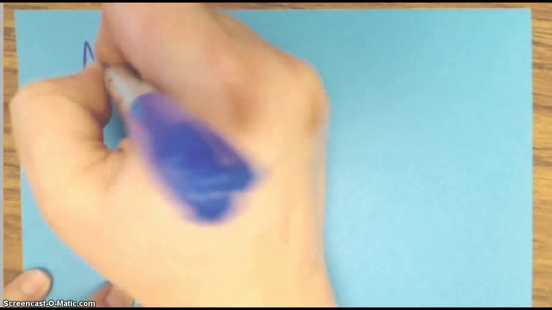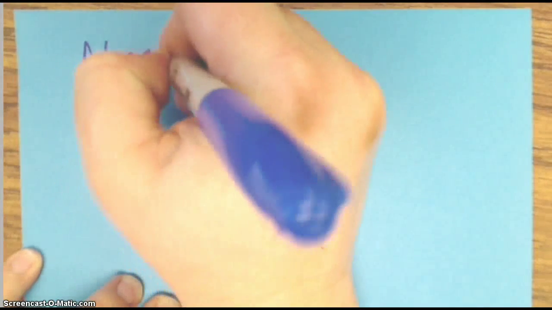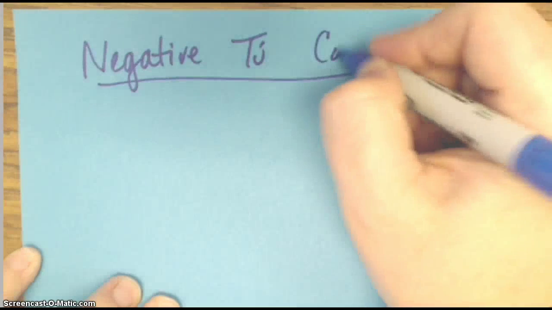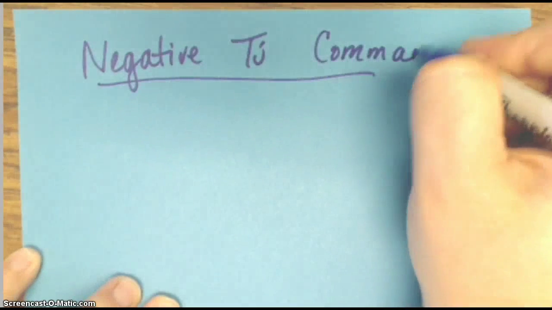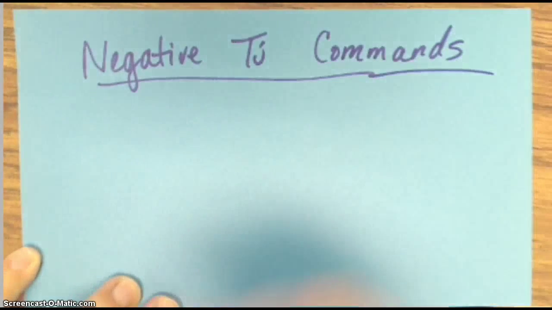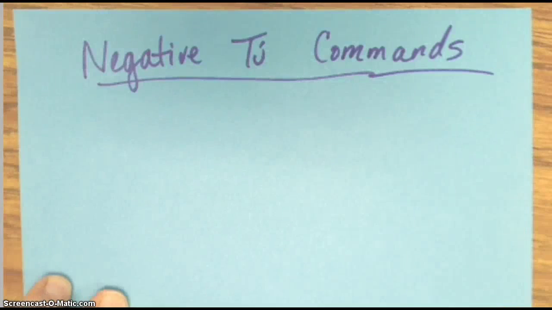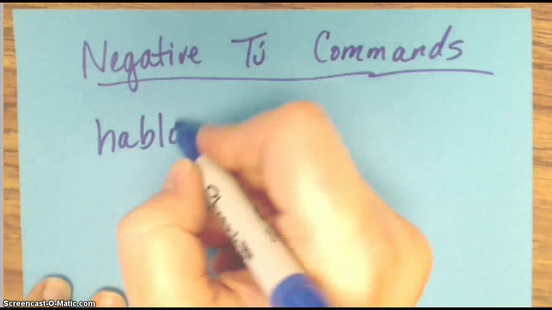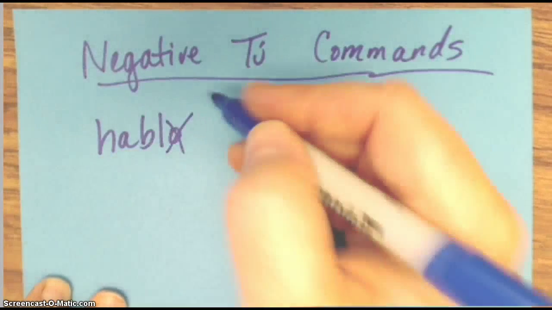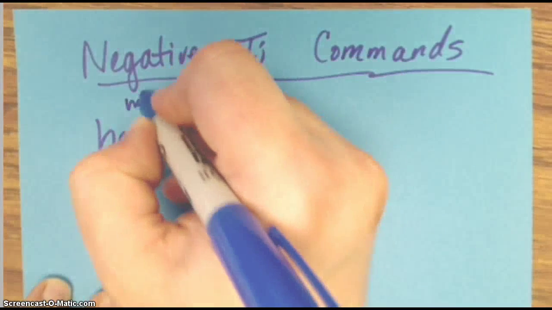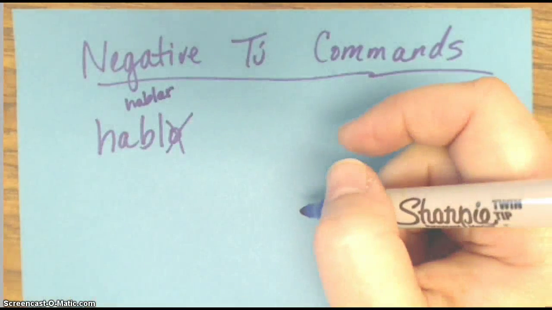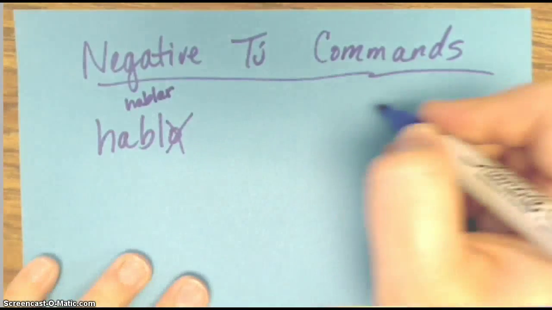All right, so now we've got negative tú commands, and this should be getting into the territory of stuff that looks familiar to you. First of all, you should know all of this, but I mean, this is similar to the stuff we've been doing lately, so this should look a little bit better to you. So I'm going to take the yo form, so hablo. I'm going to cross off the O, and then if it was an AR verb, which hablar is, then I'm going to use the tú form of an ER-IR verb.